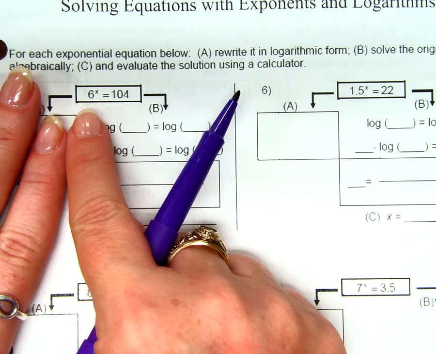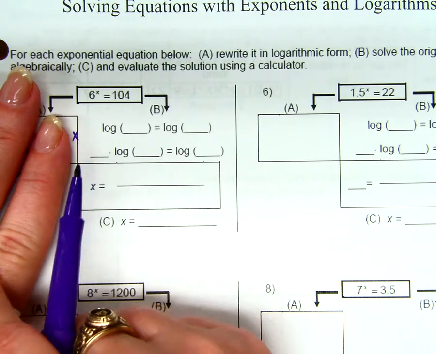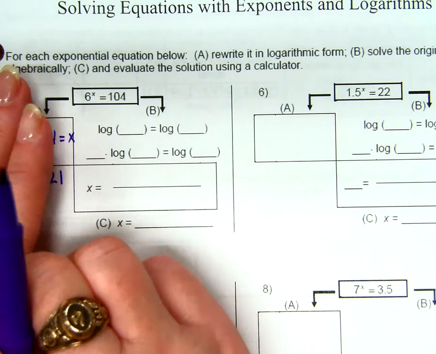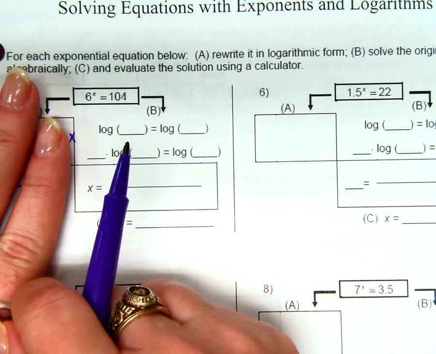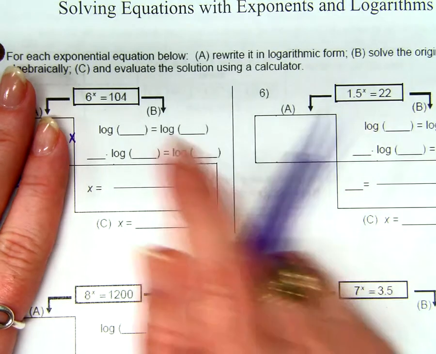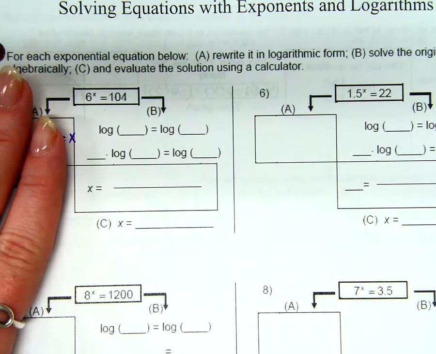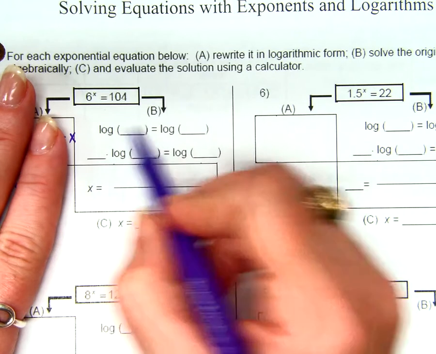If I do the same thing to both sides of the equation, is that allowed? Like if I multiply both sides by 2, or add 7 to both sides, or square both sides, is that allowed? It is, right? So what if I took the log of both sides of the equation? Is that allowed, as long as I do it to both? So let's take the log of both sides.